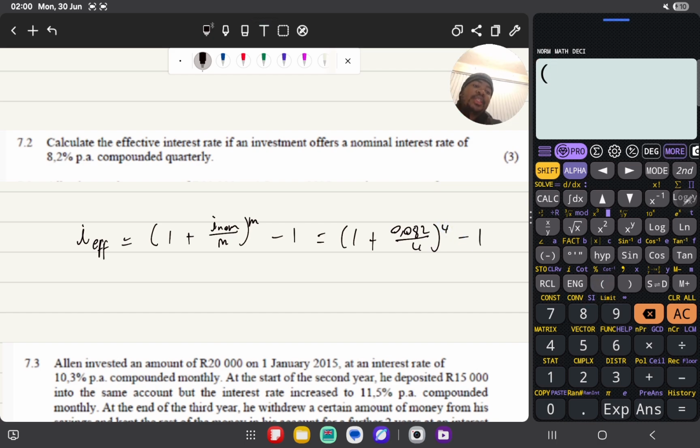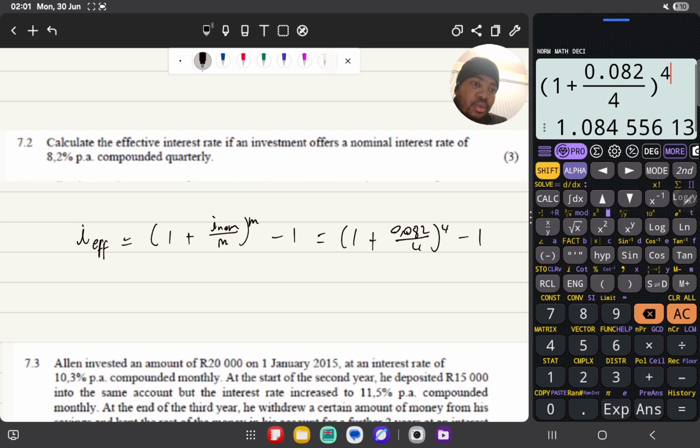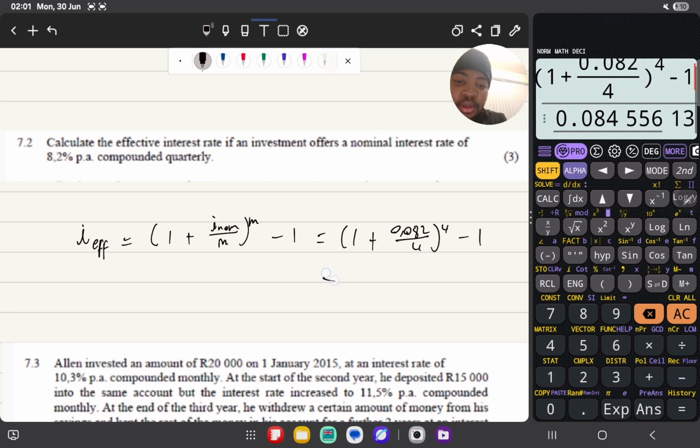Yes, 4 because quarterly. 1 plus 0.0205, to the power of 4, minus 1, that is 0.084556, and then that's 8.4556%.